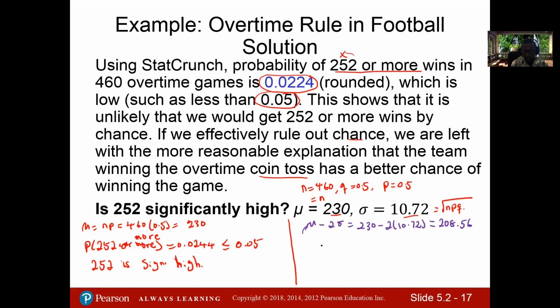And then we do the mu plus 2 times sigma, which is 230 plus 2 times 10.72. And that gives us 251.44. Now, of course, the 252, as you can see, is greater than 251.44. Therefore, it is significantly high.